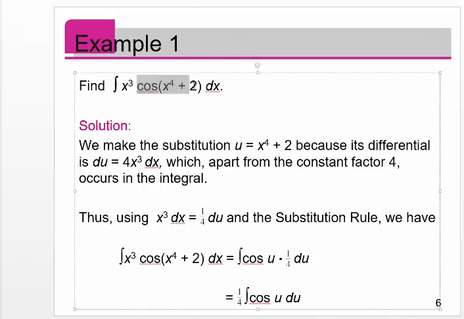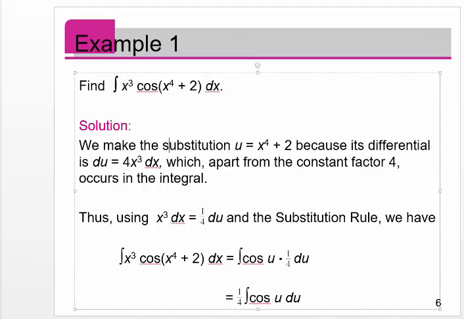Notice how x to the 4th plus 2 is on the inside of the cosine function. And then on the outside, I have x to the 3rd power. Well, what is the derivative of x to the 4th plus 2? It's 4x cubed. So I have something and something that looks really, really close to its derivative.